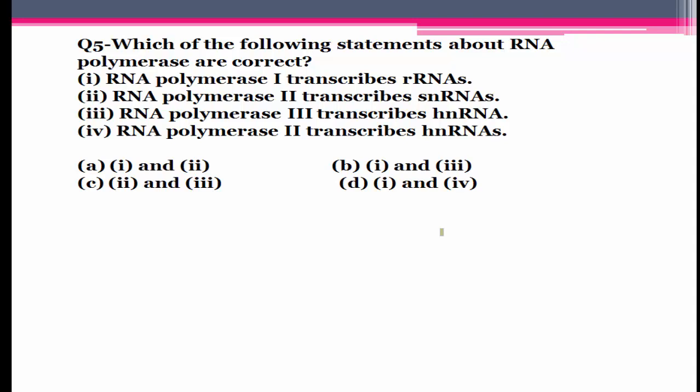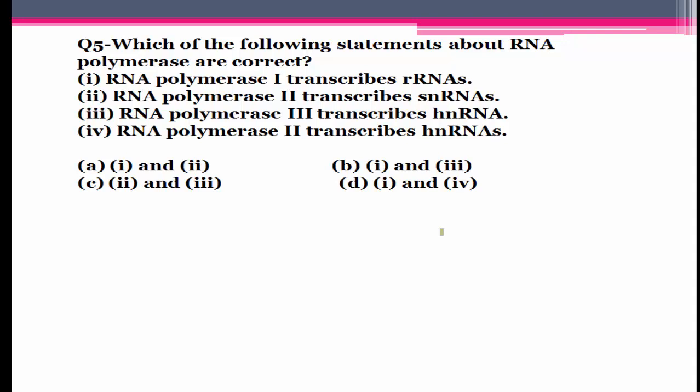so that in eukaryotes, RNA polymerase enzyme has a division of labor. That means one kind of RNA polymerase catalyzes the transcription of only one type of RNA molecule.